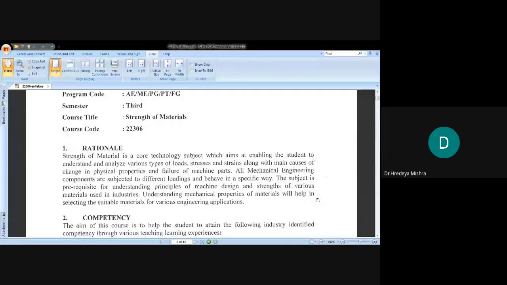Okay, and we also have a practical session, about 16 practicals, where we have the hardness test and the stress strain test. Your first and second practicals are based on the stress strain curve.